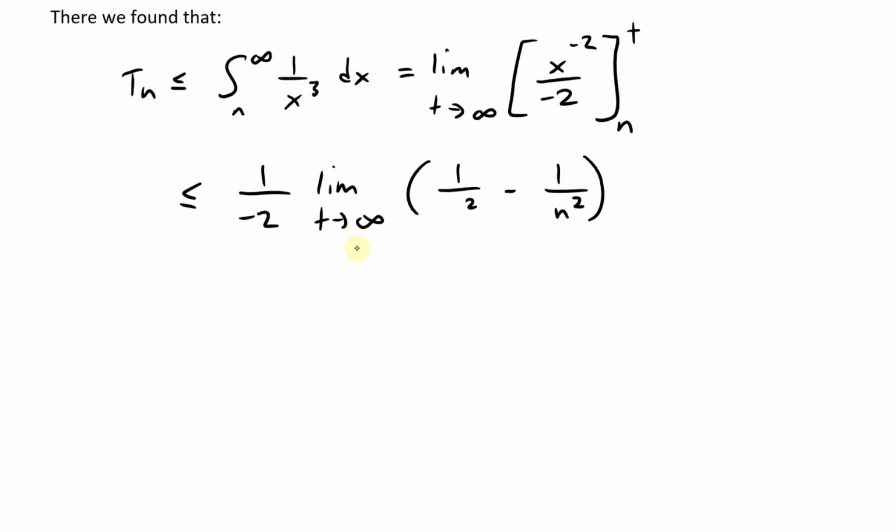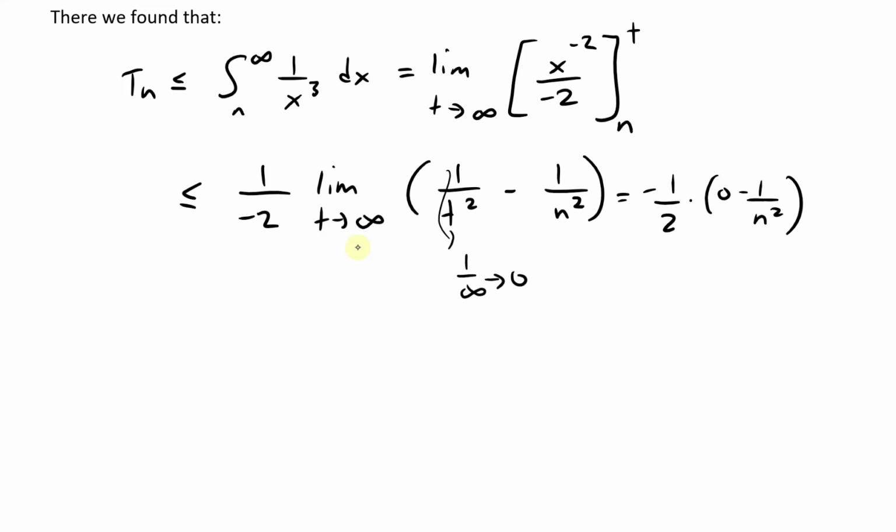Now the part at the bottom, 1 over t squared, is approaching 1 over infinity, in other words approaching 0. So we end up with negative 1 over 2 times 0 minus 1 over n squared.